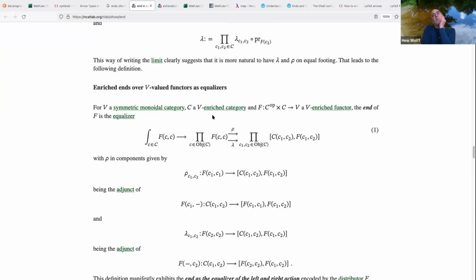So the arrows between C1 and C2, instead of just being a set, there is a relationship between these arrows, like an ordering relationship, or a topology on them.